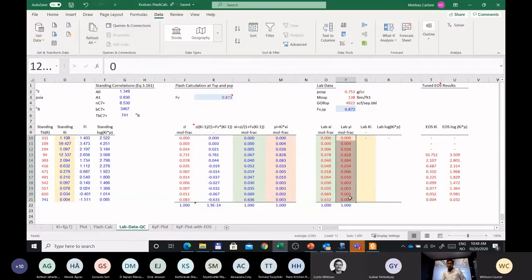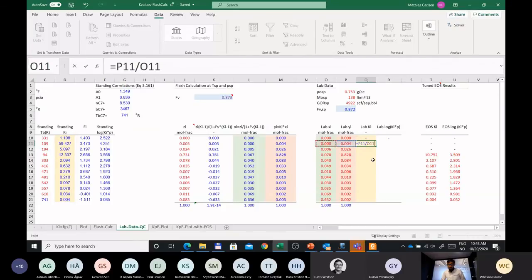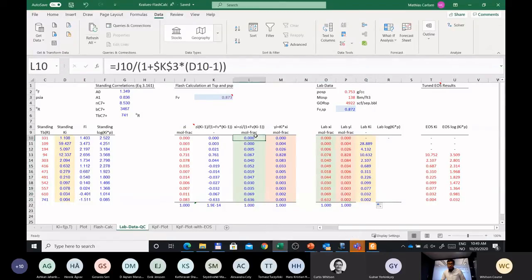So these are the lab reported compositions, xi and yi, and we can calculate the k values. H2S is the first component. There is no point in calculating the k value because the mole fractions are 0. You can calculate it for other components. These are now the calculated k values for the other components, and we can compare these two columns with these two columns.